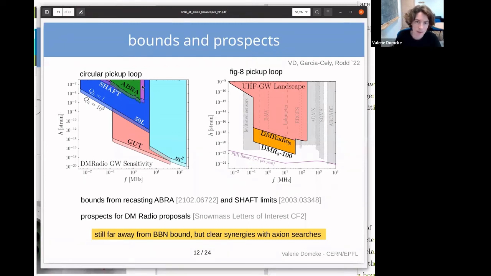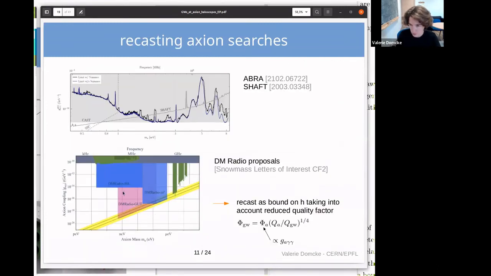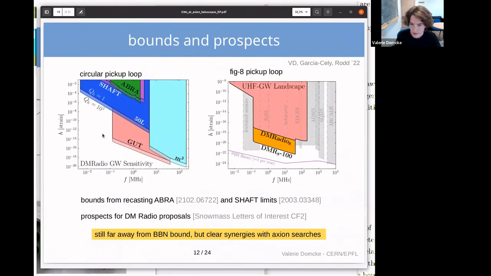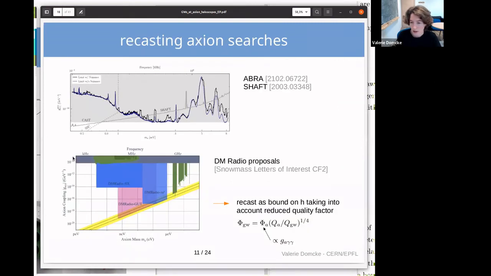But I mentioned to you that we have this fantastic volume scaling, which means as we scale this up, as we go to the different dark matter radio proposals, which are these I was showing beforehand, then you really dramatically improve your sensitivity, and now you're talking about reaching a strain sensitivity of roughly 10 to minus 18 if you manage to reach the QCD axion line in the axion case.